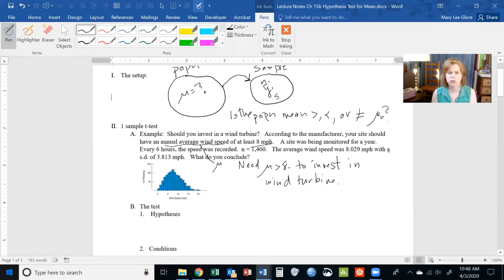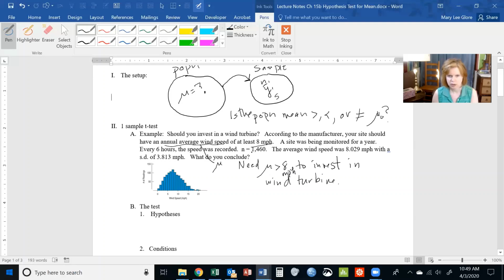So it's not so much what is the wind speed; that would be something I would do a confidence interval for. But is it bigger than 8 miles per hour? Okay, so they take a sample. A site was being monitored for a year, and every 6 hours, the speed was recorded.